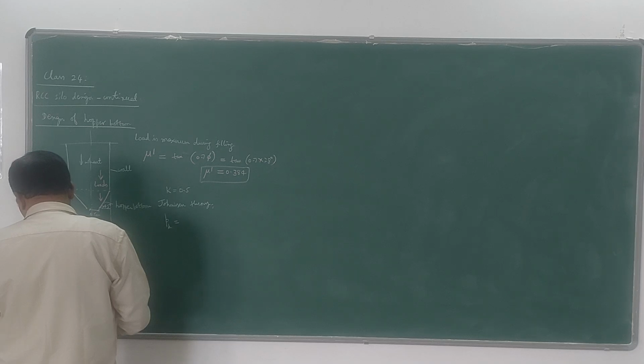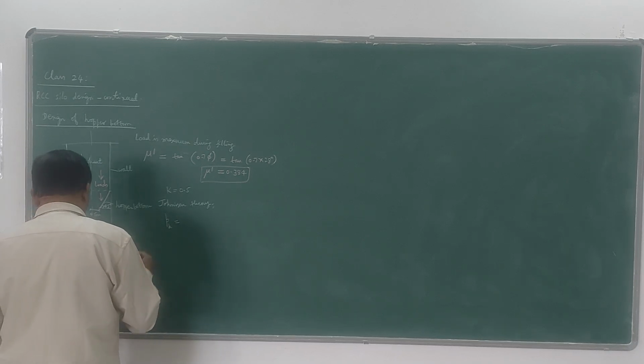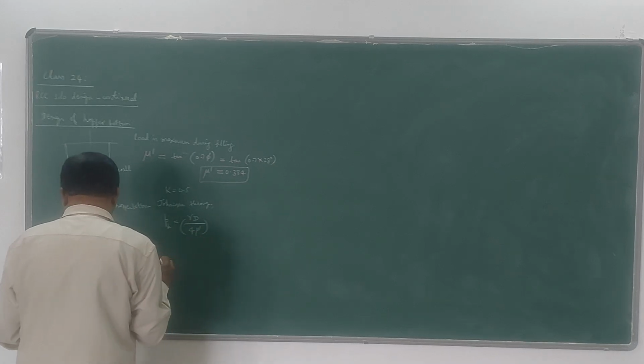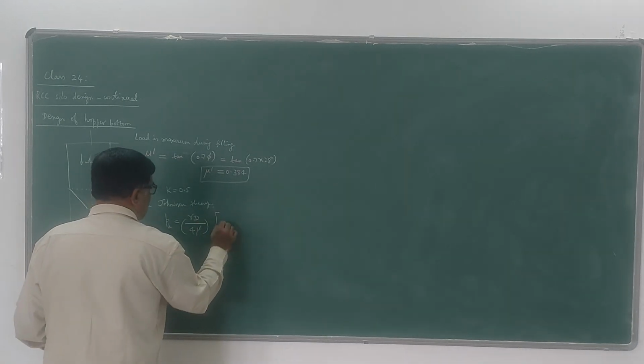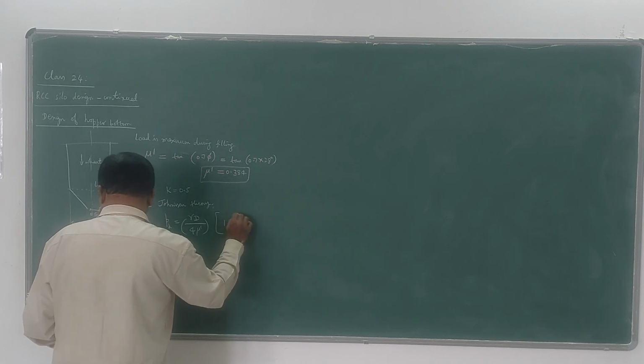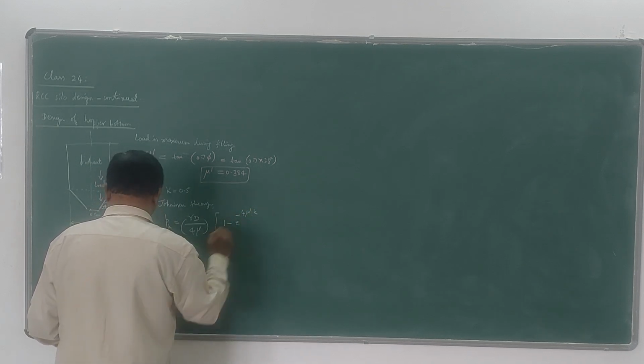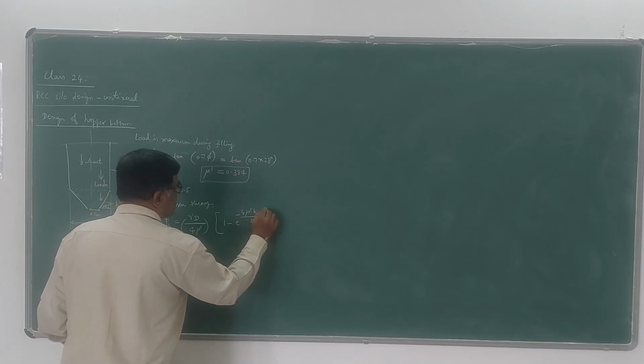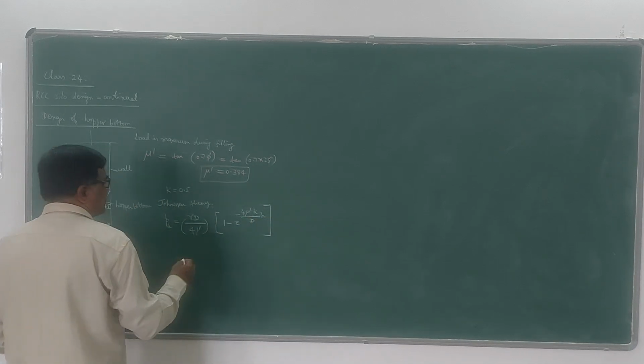Let me write the equation: pH is equal to gamma d by 4 mu dash, into 1 minus e to the power of minus 4 mu dash k divided by d into h. So this is the equation.